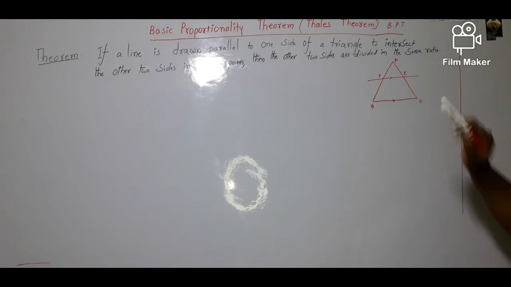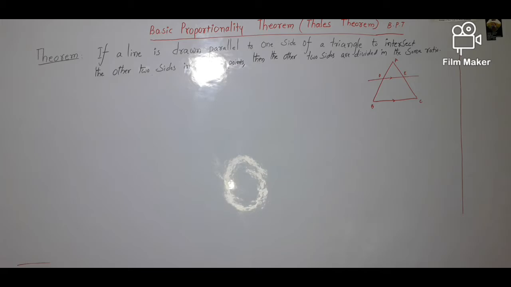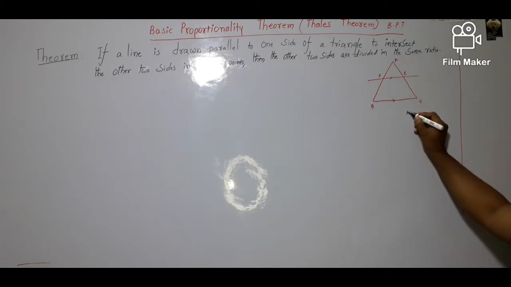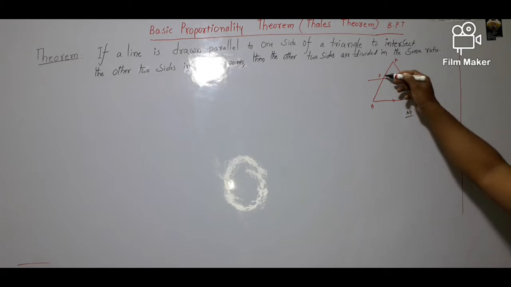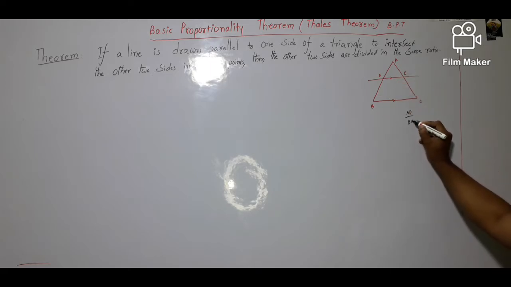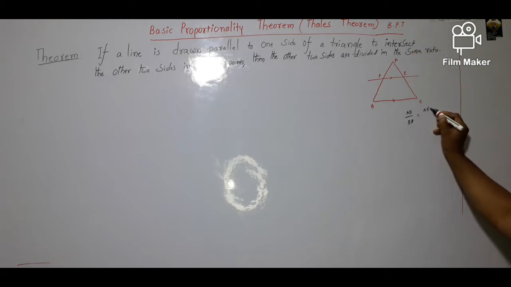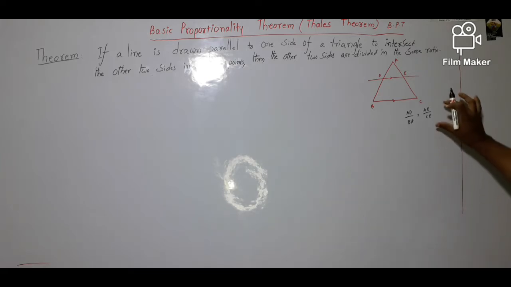Dividing ratio is the same, which means here AD upon BD is equal to AE upon CE. This is what is required to prove.